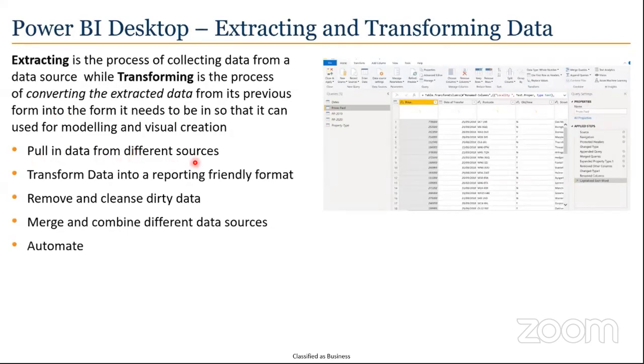As brief points, pulling data from the different data sources and transforming the data into a report-friendly manner. So for the transformation activity, what we will perform is, we will remove the unwanted columns, which are not relevant, which are not going to be used in real time. We are not going to use those columns at the visualization level, so we will just remove them. These activities we will perform.